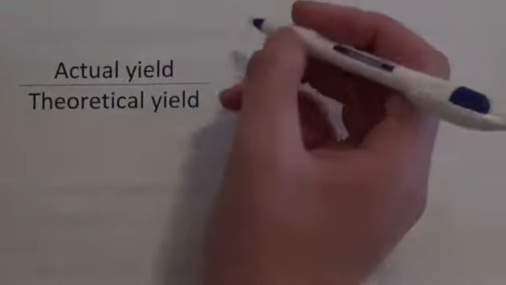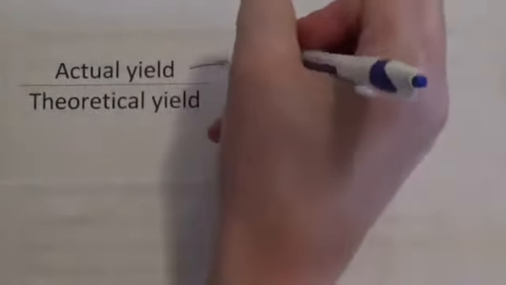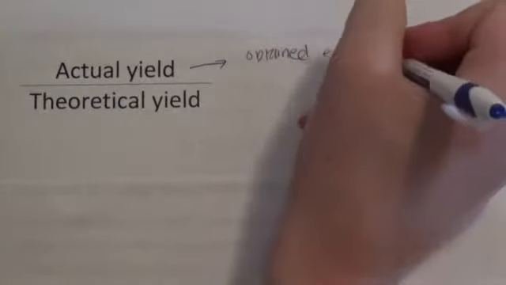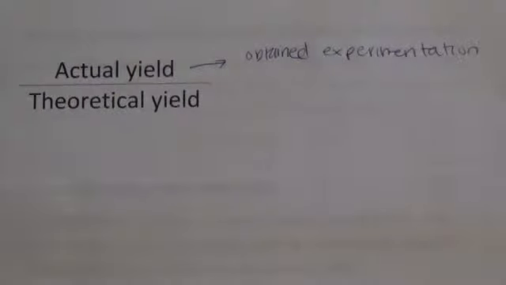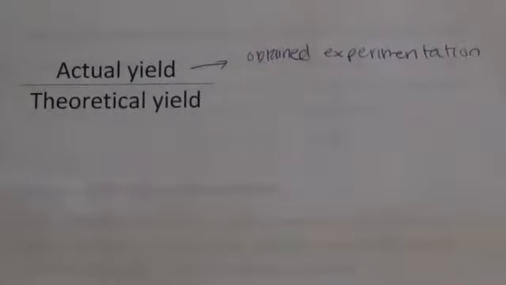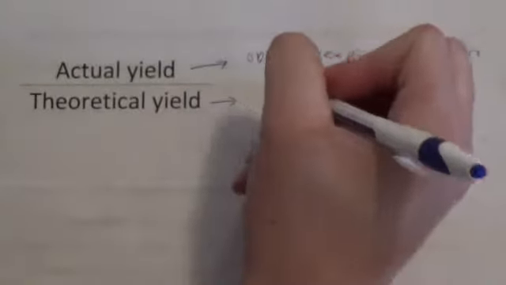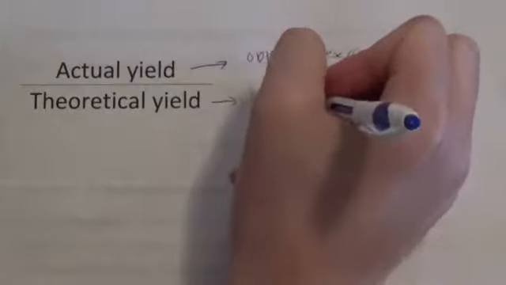So for those of you who don't know, here's a refresher. Actual yield is obtained from experimentation. So these are real life values that you get in the lab, or in the problem it'll say experimentally determined, and so on. And then theoretical yield is obtained through calculations.